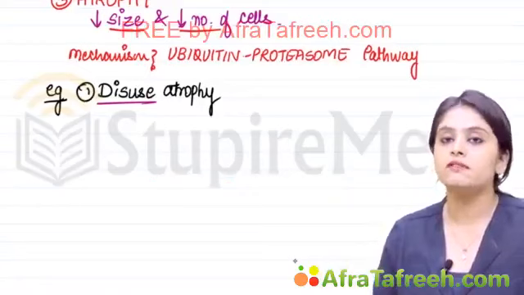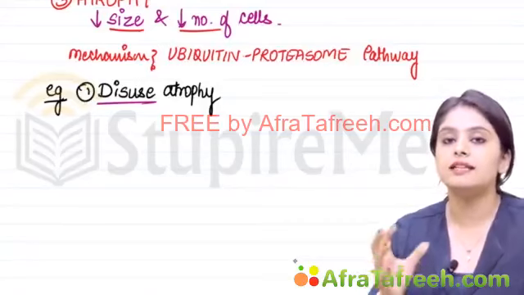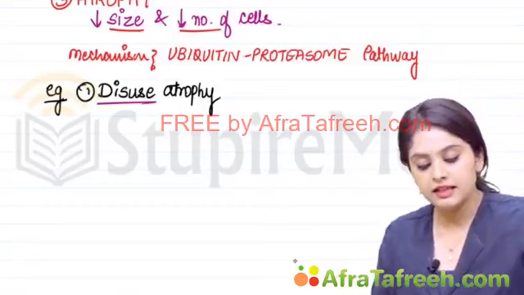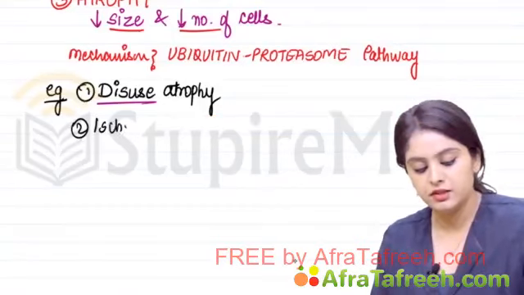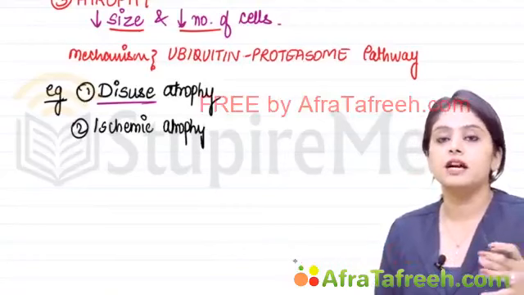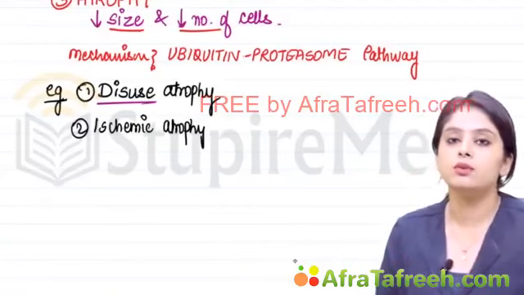That is why following fracture healing, physiotherapy and exercises are advised so that all the strength that the muscle has lost can be regained. The second example is something known as ischemic atrophy. Now students, this is again from the name itself. If we cut off the blood supply of an organ, of a tissue, will it be able to grow?